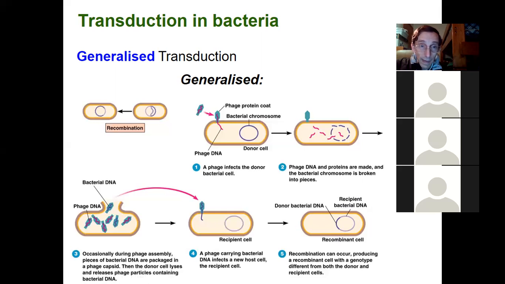Okay? And that is generalized transduction, where a virus brings DNA from that cell to this cell, or that cell, same thing. And this cell can express a new gene. For example, let's say it's this gene here, and it codes for tetracycline resistance. And this cell is sensitive to tetracycline.